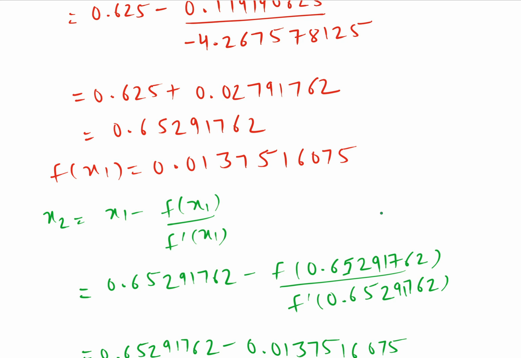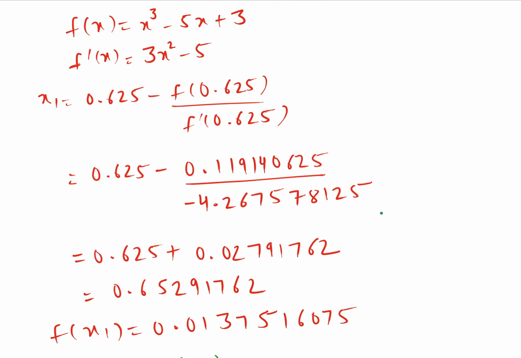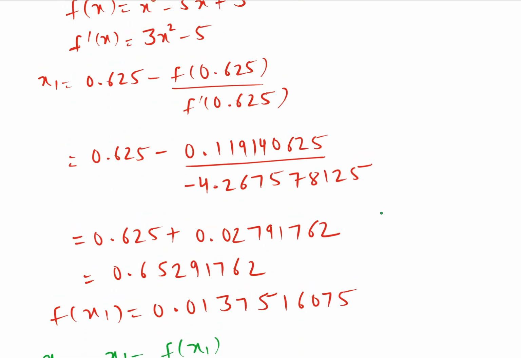3x square, 0.65291762 square, 3x square minus 5.